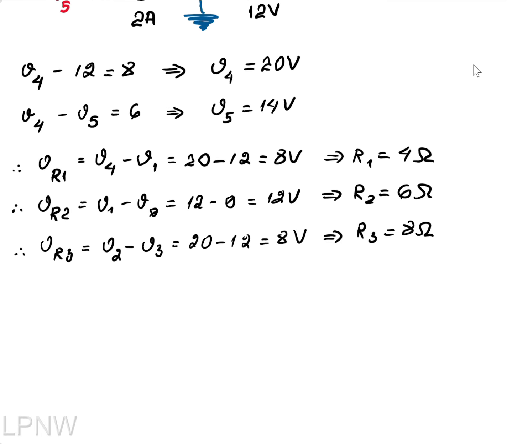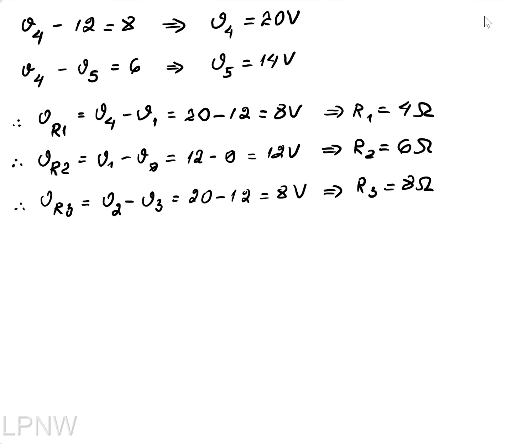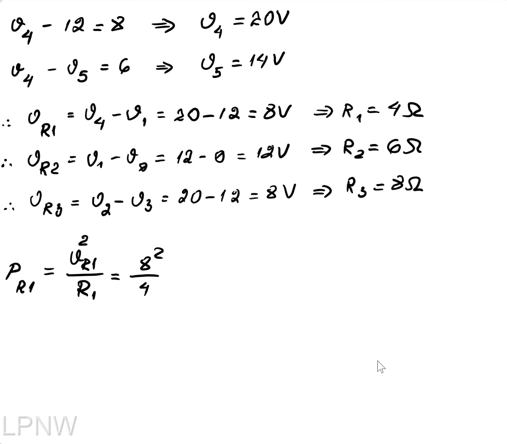All I have to do is organize the powers. The power related to resistor R1 is the voltage squared across R1 divided by the resistance of R1, which is 8 squared divided by 4. That gives me 16 watts.